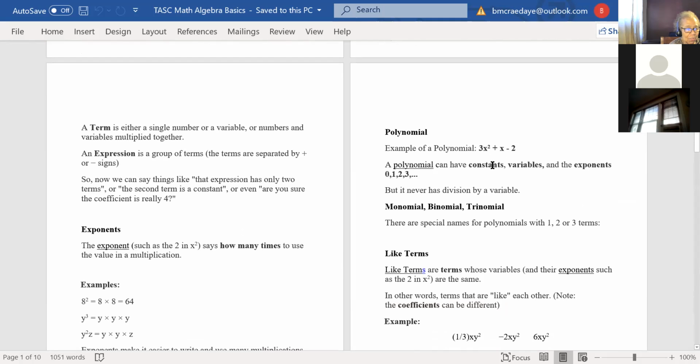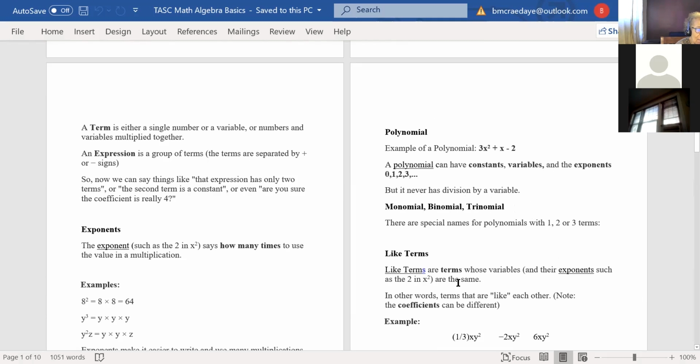Polynomials are a combination of constants, variables, exponents. It can have these. Monomial, binomial, trinomial, those are just special names for polynomials. If it's one term, it's mono. If it's two terms, it's bi. If it's three terms, it's tri. But the whole set is polynomial.